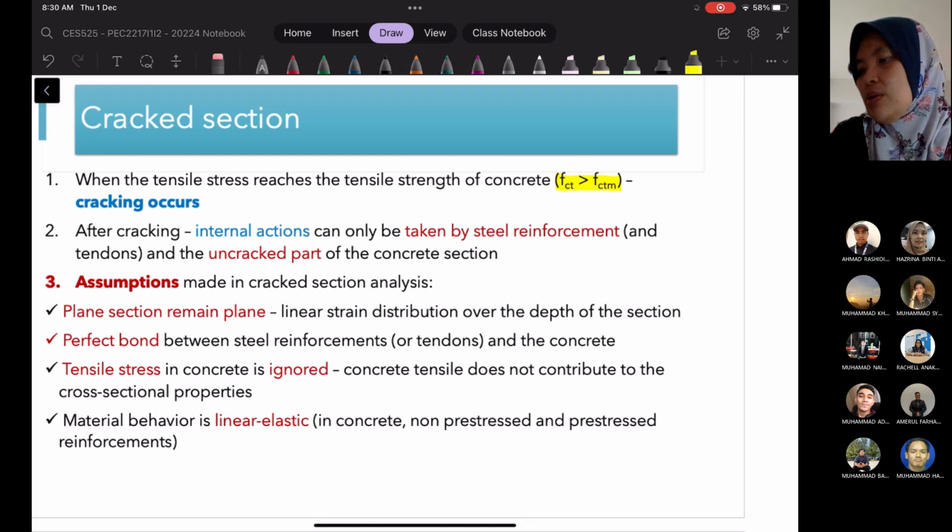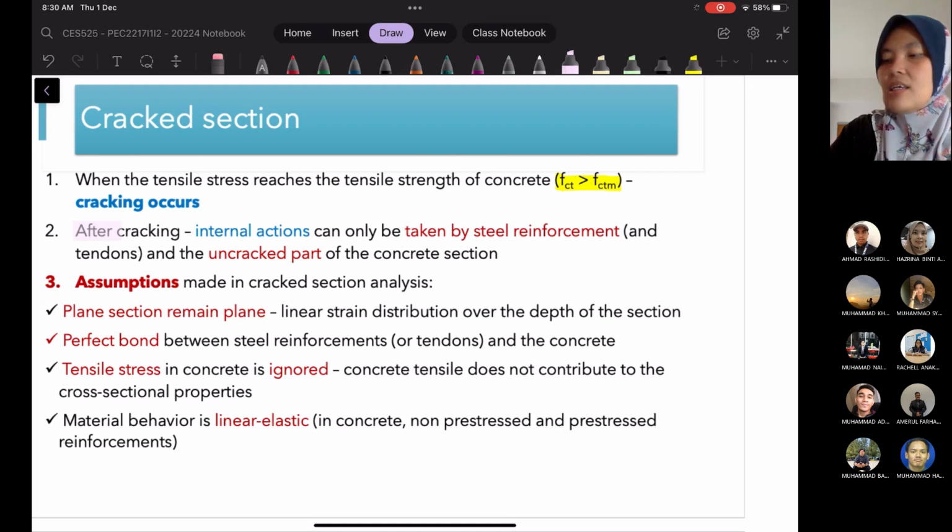So internal actions can only be taken by the steel reinforcement, the tendons, and the uncracked part of the concrete section. This is after cracking. Once it has started to crack, the steel reinforcement will take its role, and then it will function.